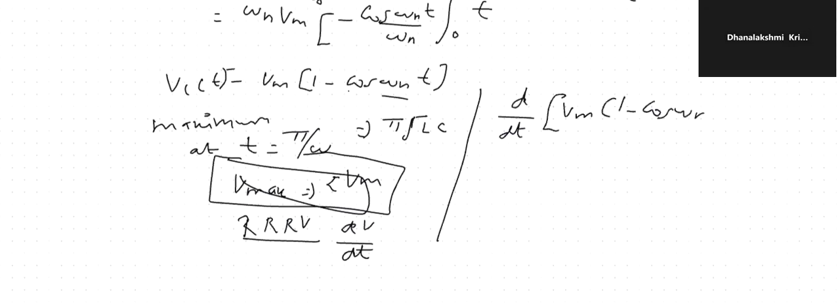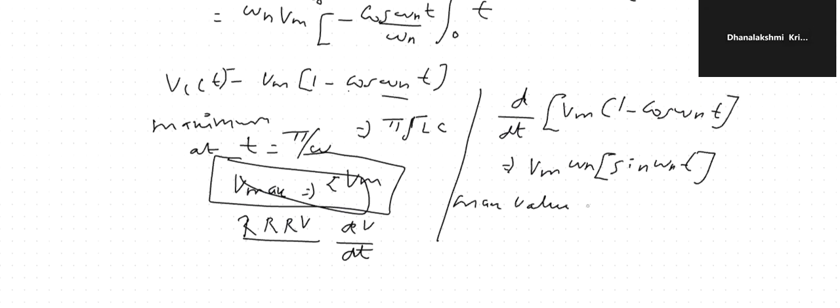Finally we get Vm omega n sin omega n t. The maximum value occurs when omega n t is equal to pi by 2, then t is equal to pi by 2 omega n.